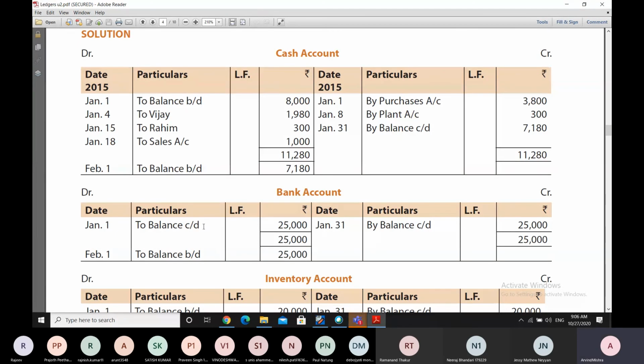So the balance should be mentioned as a balance brought down, just like here in this case.